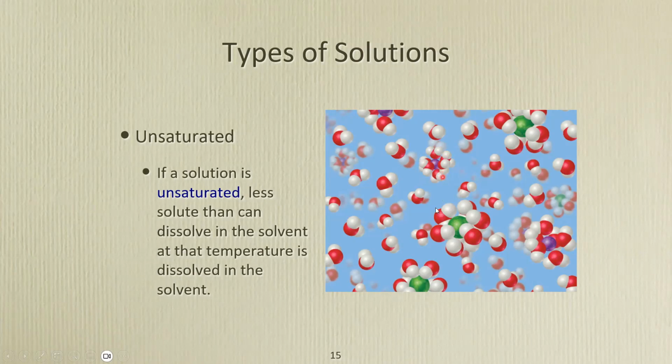So you could think of a saturated solution as using up basically all of the water molecules we have in terms of dissolving that substance. Whereas in an unsaturated solution, we still have free water molecules to continue to dissolve more of that stuff.